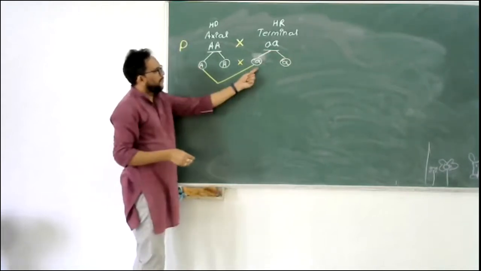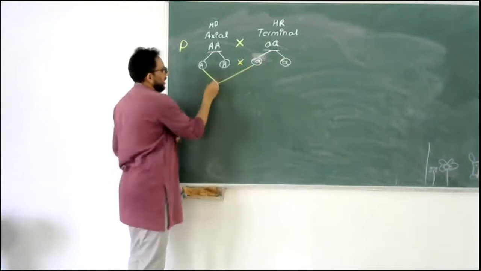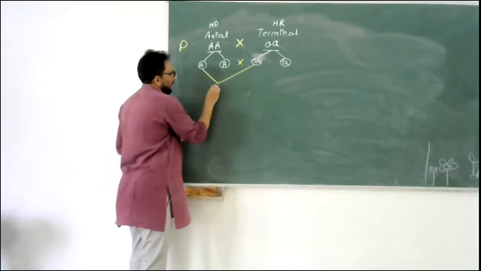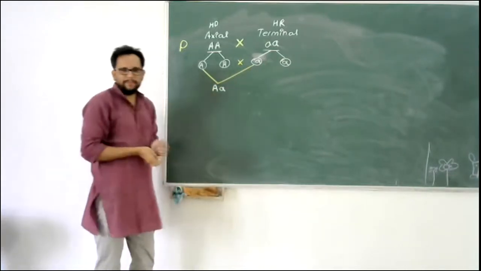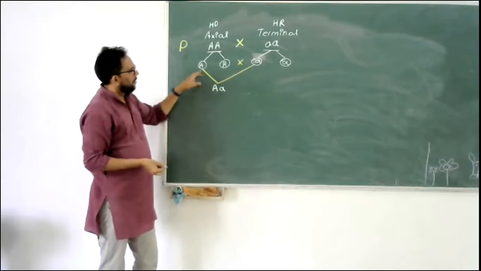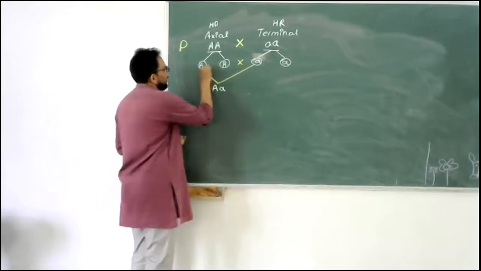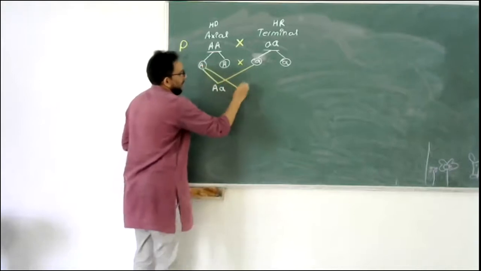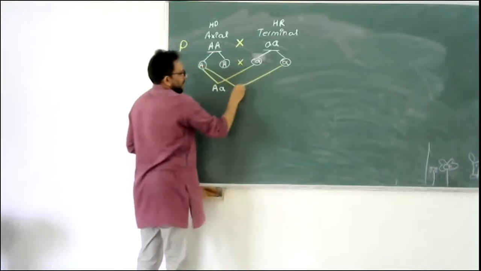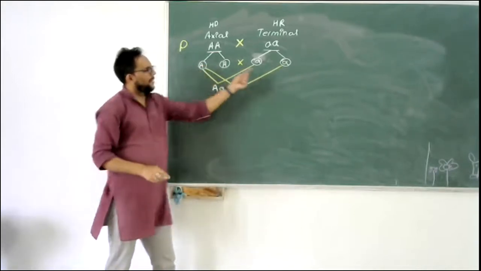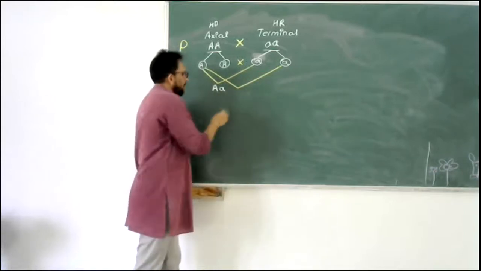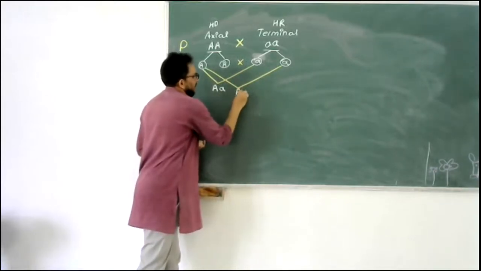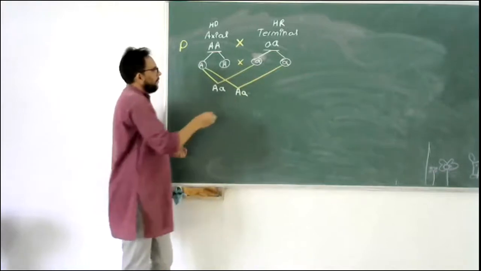So this gamete fusing with the other gamete will produce capital A, small a, right? Now, in the same way, this gamete can also fuse with this gamete, one from each. It will produce again capital A, small a.